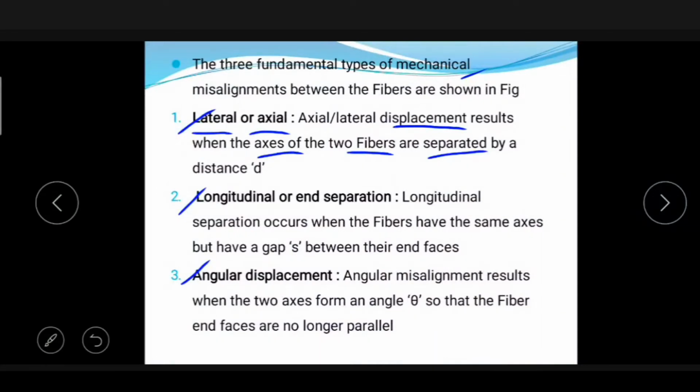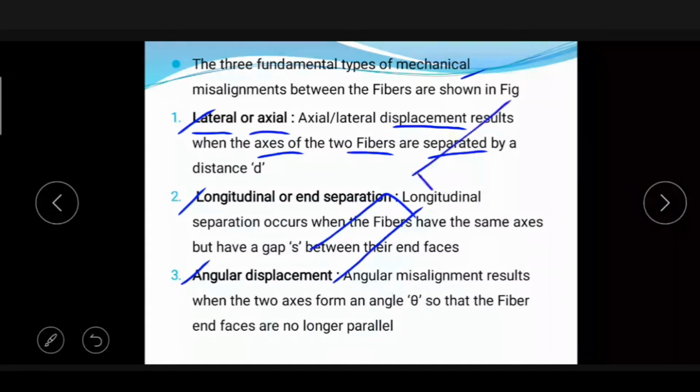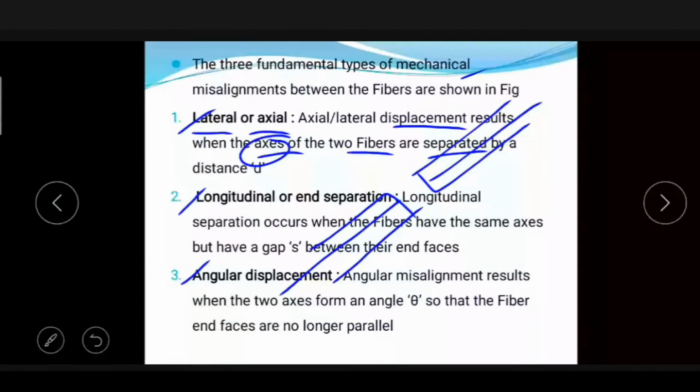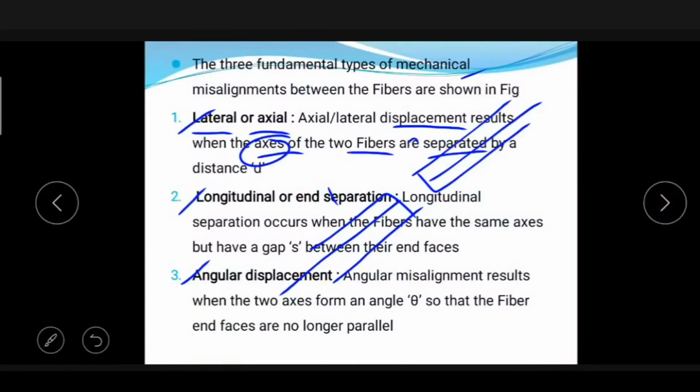If I consider this one fiber and this another fiber, the fiber has the axis at the fiber core. The axes of the two fibers are separated by a distance d. The axis of the first fiber and the second fiber should not be separated by any distance. If it is separated, then it will be like this.